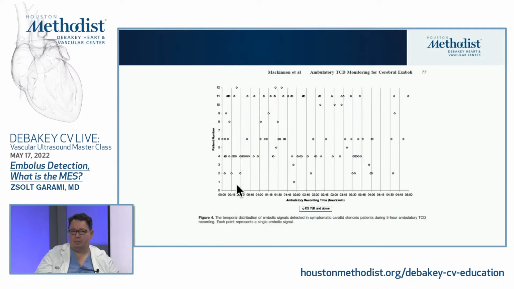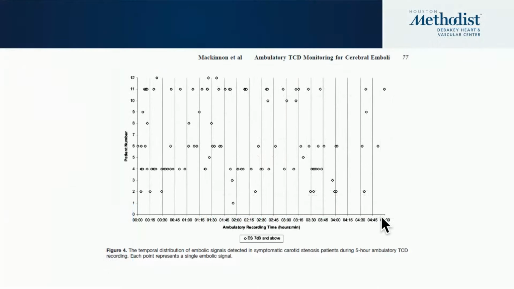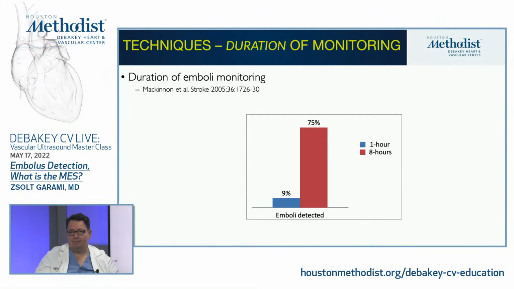Their discussion was that if you're monitoring for, let's say, 8 hours, you're able to capture 70% of all these emboli signatures. If you monitor only for 15 minutes, look at this: 0. With 15 minutes of monitoring, you would not capture any of these spontaneous emboli signatures, which come mainly from the carotid.